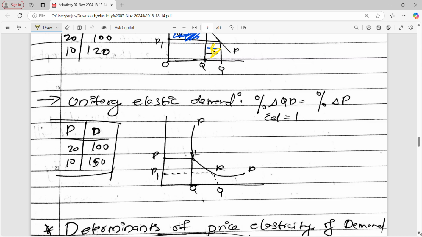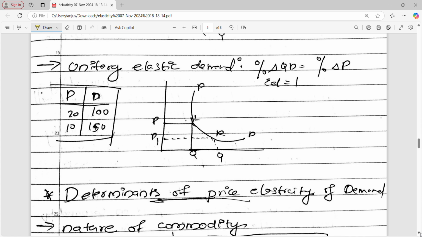Next is unitary elastic. That means the same percentage change in both quantity and price. If 50% of the price is decreased, then 50% of the demand is increased. That's it. Both parts will be the same.